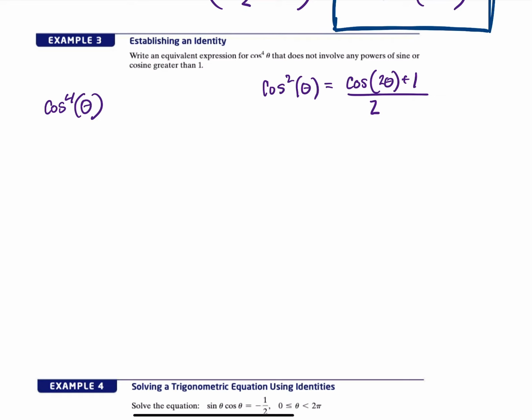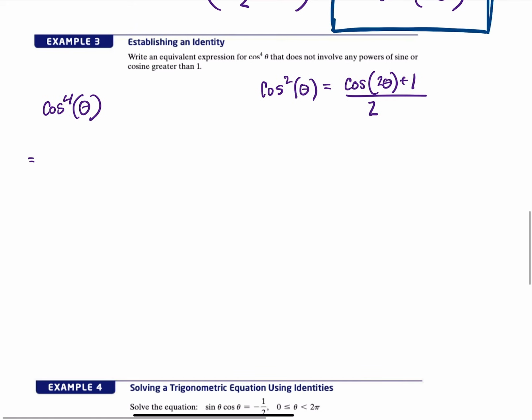So let's try to express this in terms of cosine squared. It's cosine to the 4th power, so we can rewrite this as cosine squared of theta itself squared. So let's use this formula to replace cosine squared. We're trying to reduce the power here.